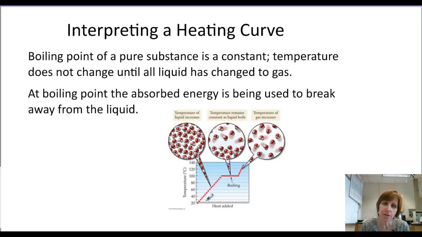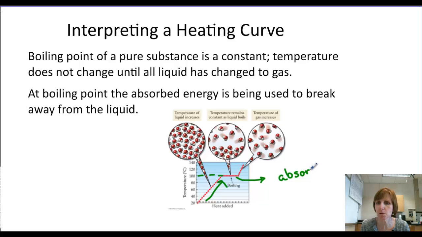Notice that the substance keeps increasing in temperature until it actually reaches the boiling point. And you can see that it plateaus at this point, and then it starts to increase again. So at boiling point, you are absorbing energy so that these particles can break away from the liquid.